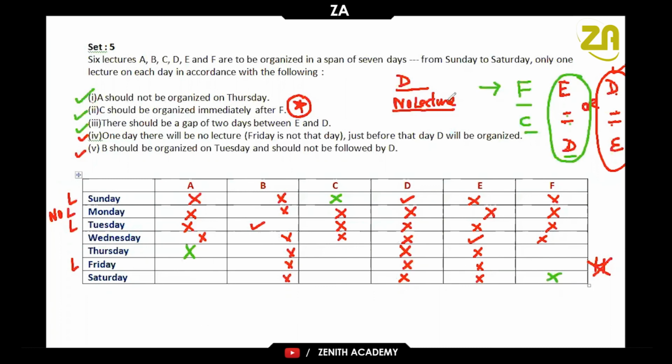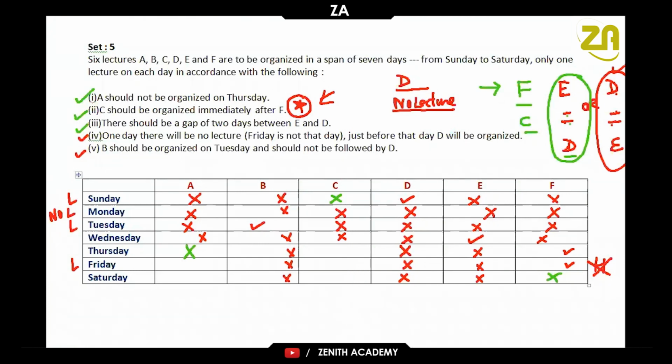Now only this condition is left. Condition number 2, C should be organized immediately after F. Now, if you take F here, then C here, and F here, then C here, right? Here you have 2 possible cases, correct?